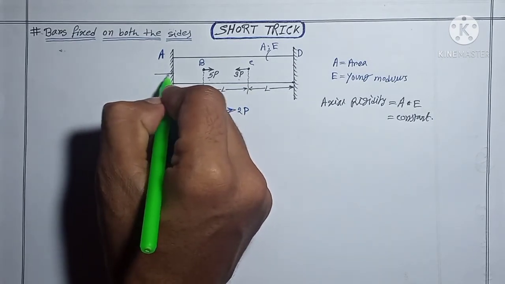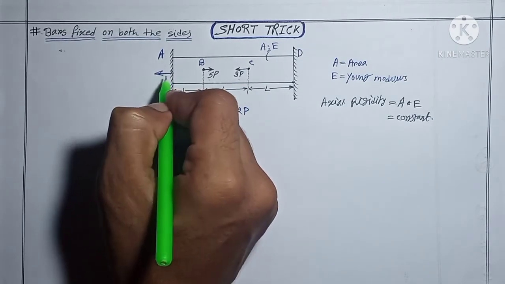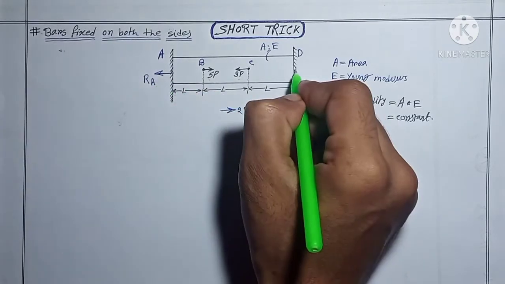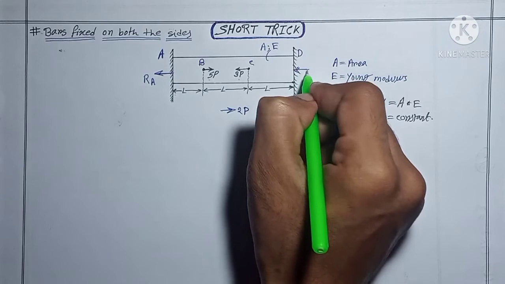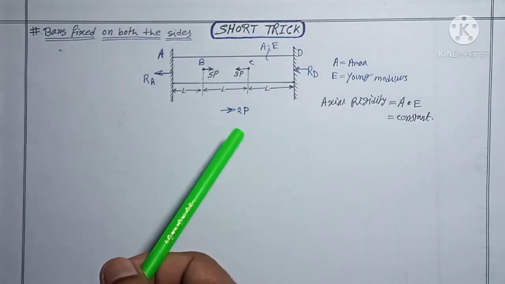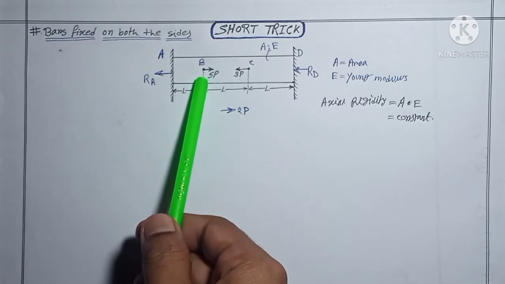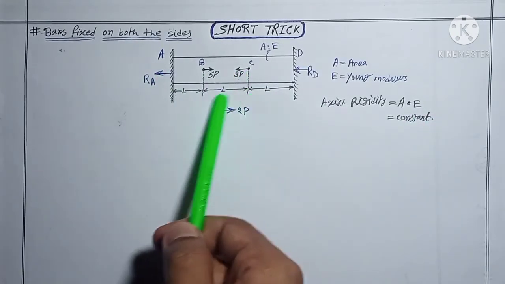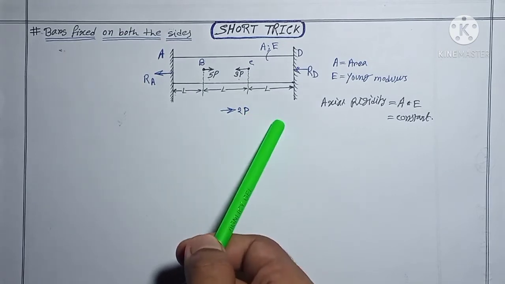So first I provide the direction of the reactions at A and D. Once again, 5P towards the right and 3P towards the left means 2P force acts towards the right.